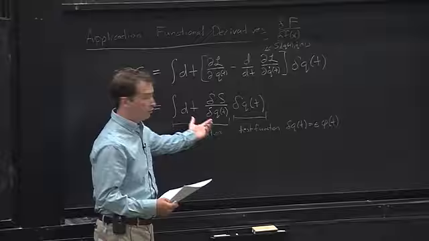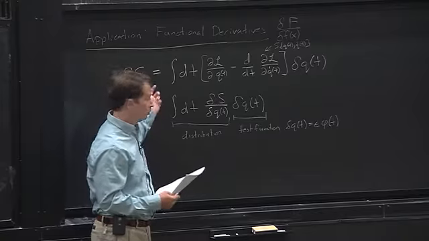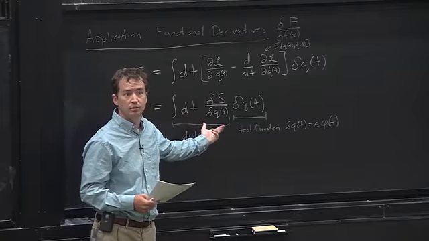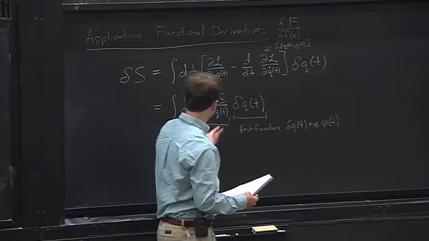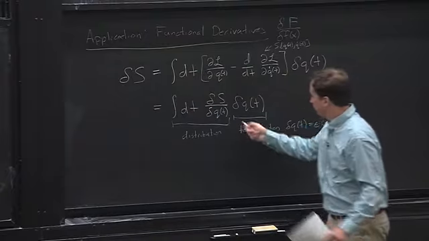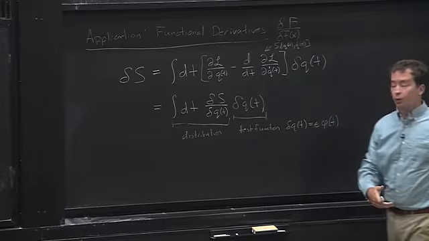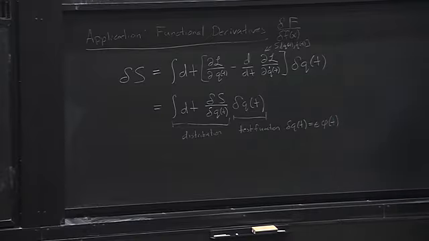So there's a direct mapping between what you did in classical mechanics and what I'm about to explain to you. There's in particular a systematic way of computing functional derivatives.